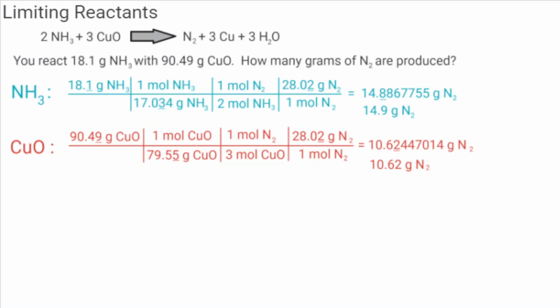So we'll compare the two, and we have to choose whichever one is the least amount because we're going to run out of one of these, so the lesser value is the one that is going to be our real answer. So since 10.62 grams of nitrogen is less than 14.9 grams of nitrogen, we're going to be limited to 10.62 grams of nitrogen for our final answer. And so our limiting reactant is actually the copper oxide.